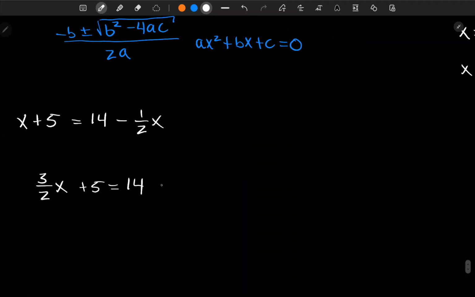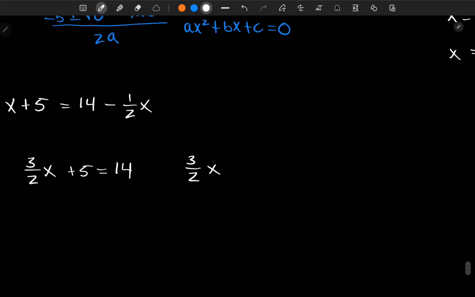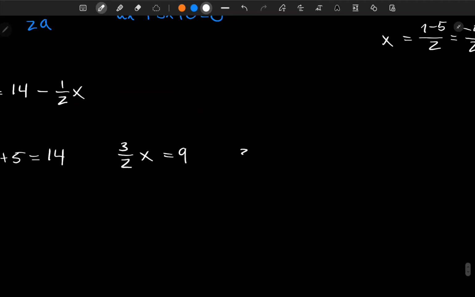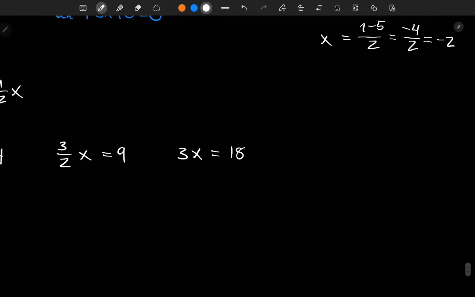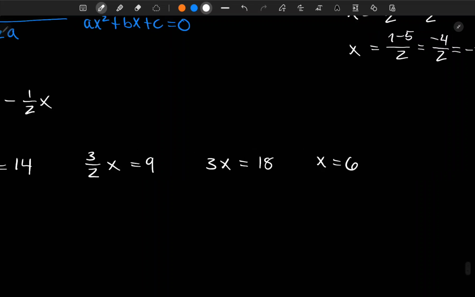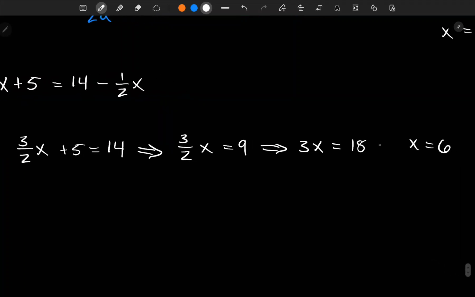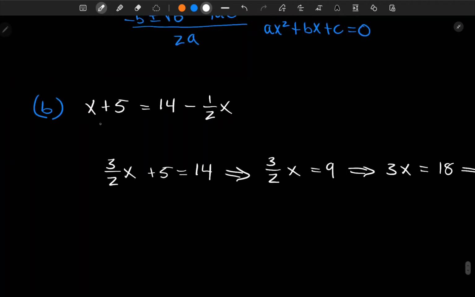So then we get that 3 over 2 times x is equal to 9. We can then multiply both sides by 2 to get that 3x is equal to 18, which is 2 times 9. Then we divide by 3, so that x is equal to 6. And that is the solution to this equation above.